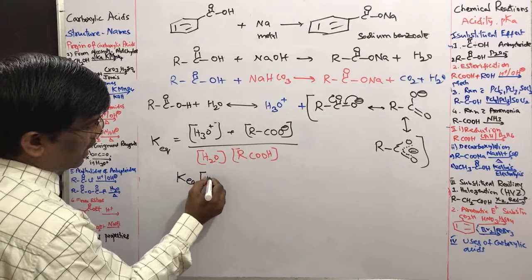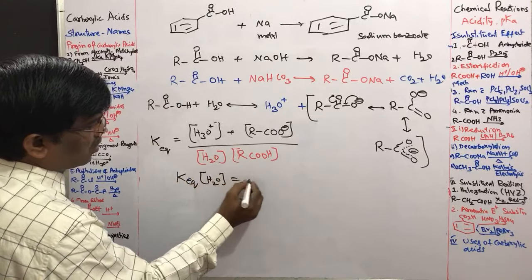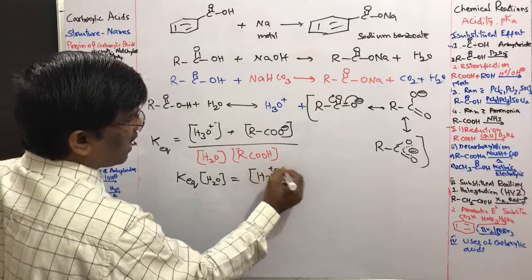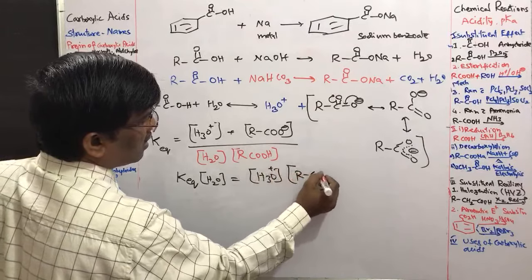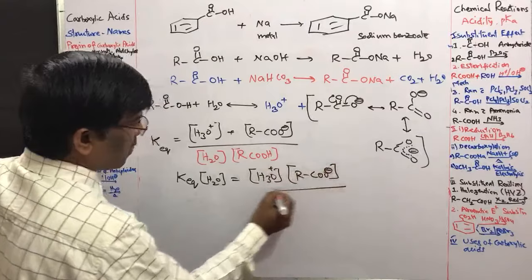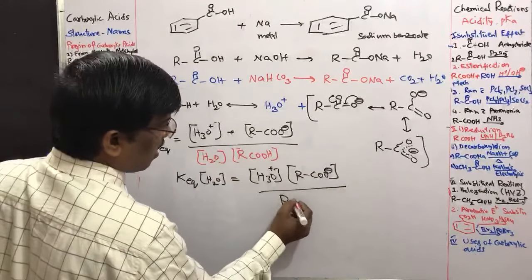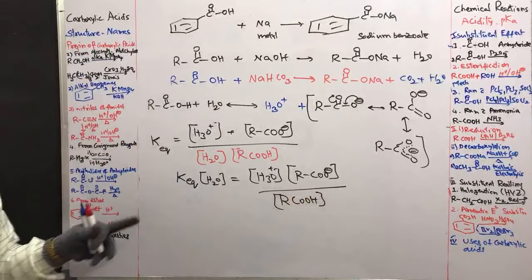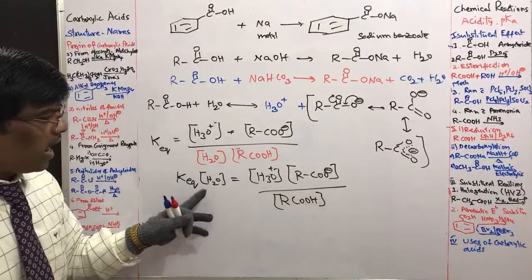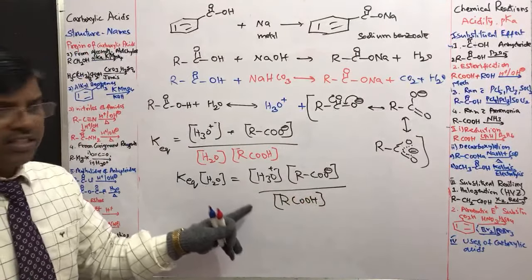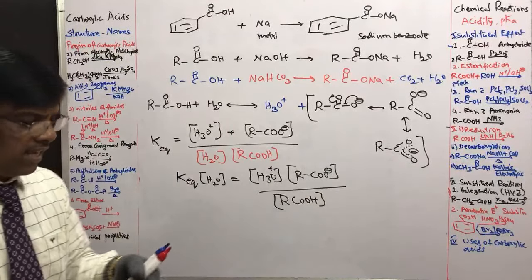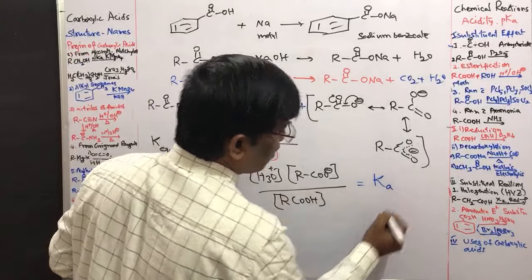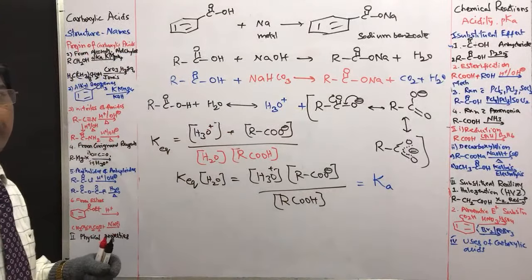When I bring water here, it becomes the dissociation of carboxylic acid, H3O plus RCOO minus over RCOOH. At equilibrium, this is the dissociation constant of the acid, Ka.